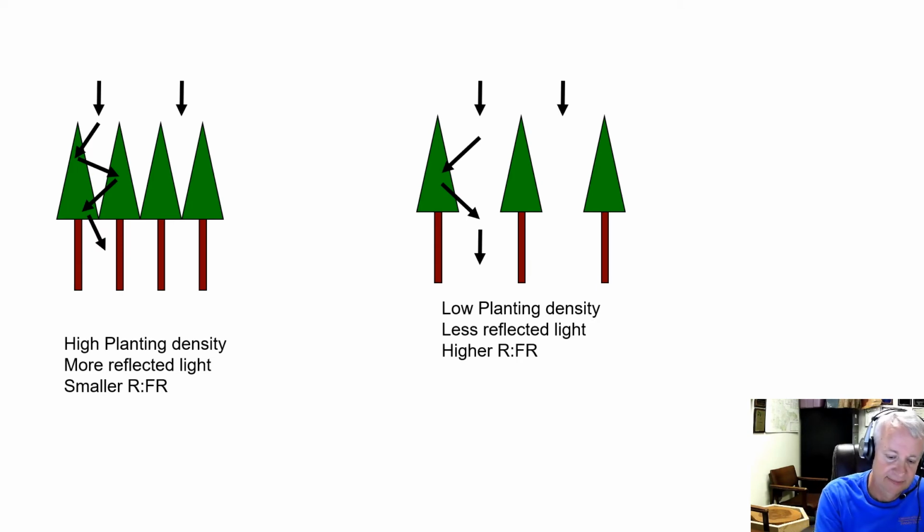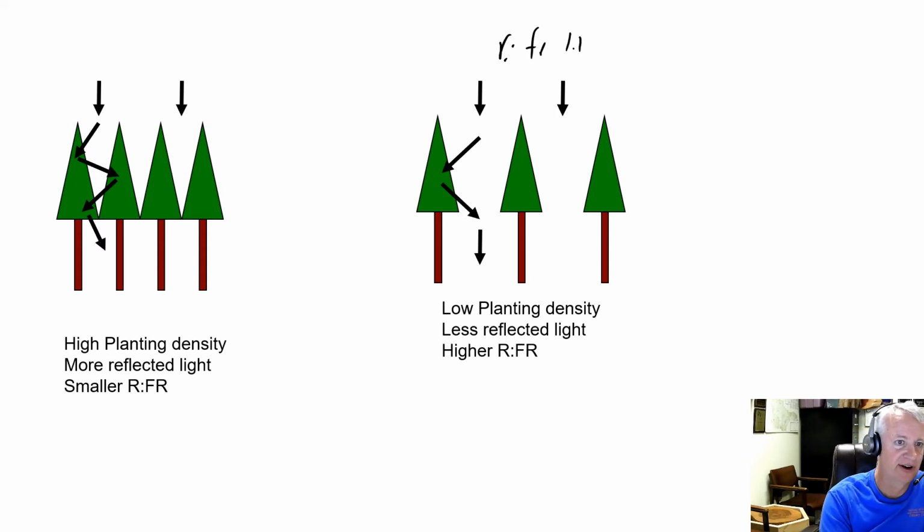When trees are growing far apart, so this situation on the right, for instance, a low planting density, any particular tree is mainly getting light that's coming from the atmosphere. So they're seeing that red to far red of maybe 1.1.